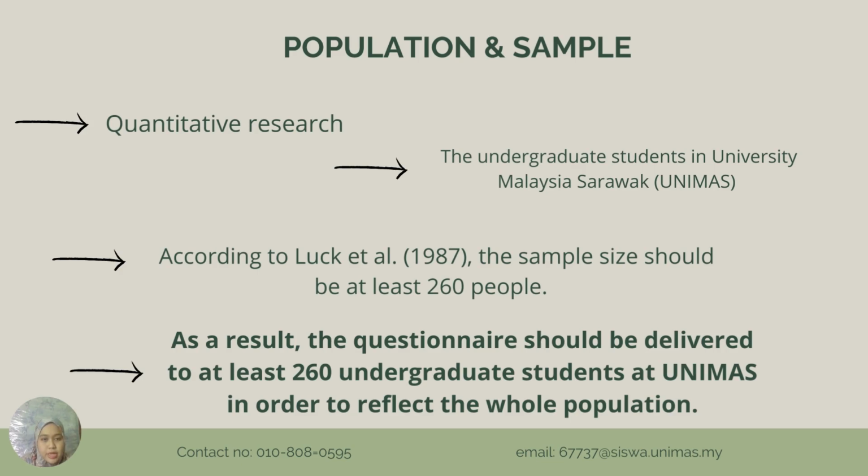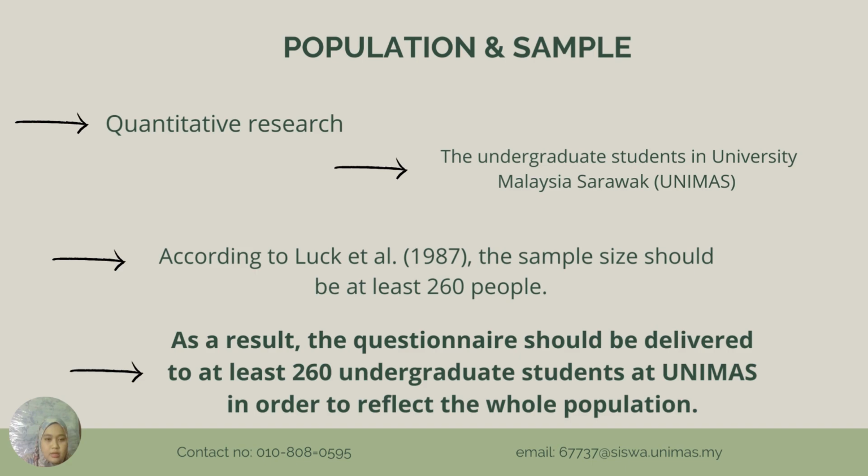We start from population and sample. This study is a quantitative research that uses a survey form to collect data about factors that affect UNIMAS students' attention span during online class. The survey was distributed online to all the undergraduate students in University Malaysia Sarawak, UNIMAS.